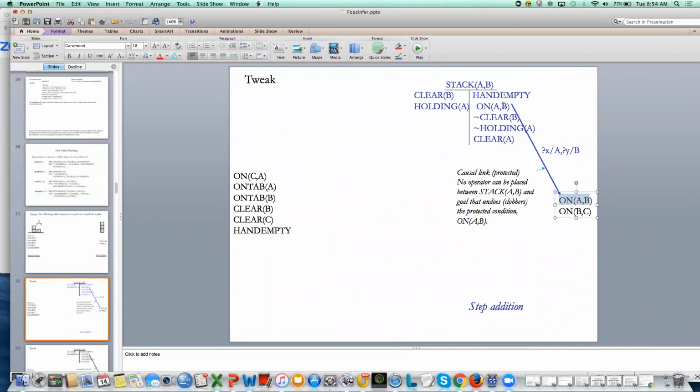Unlike in refutation theorem proving, it should not be a negated effect, but an effect that leaves this true. If you want to achieve on A B, stack is the one operator in the collection that has a condition on X Y that will unify with on A B. You would do that unification, bind X to A and Y to B, and apply those substitutions throughout the stack operator. This would be the operator after applying those substitutions.